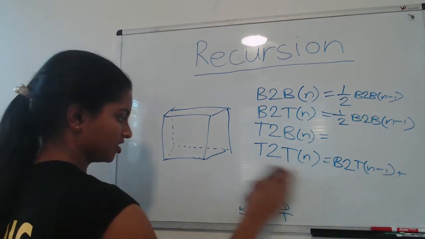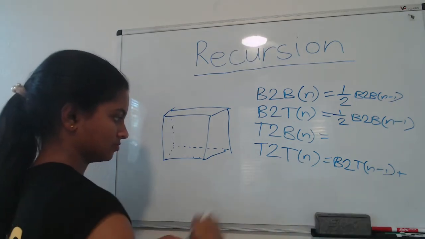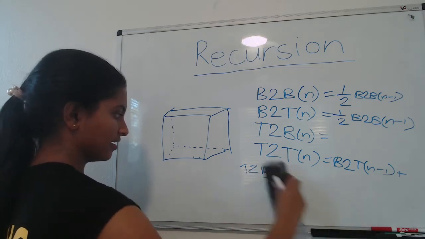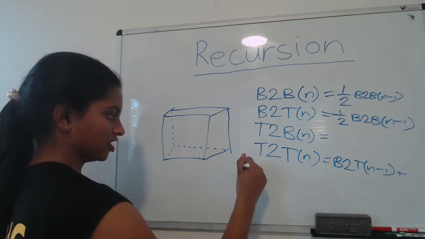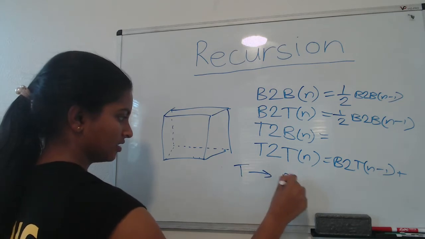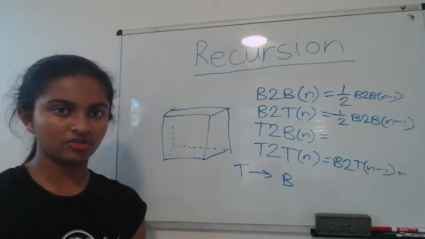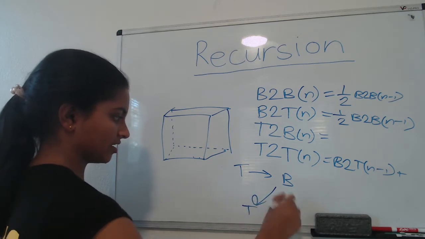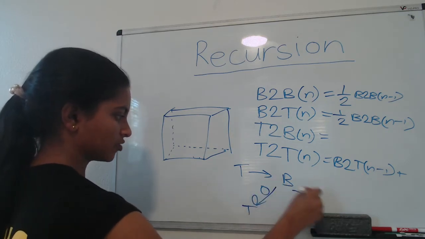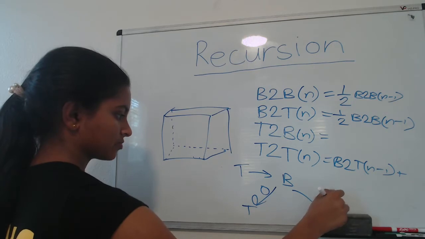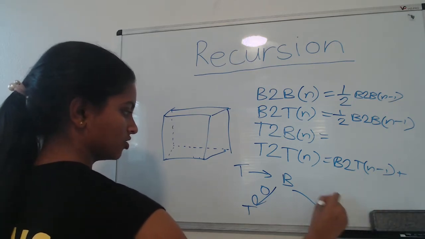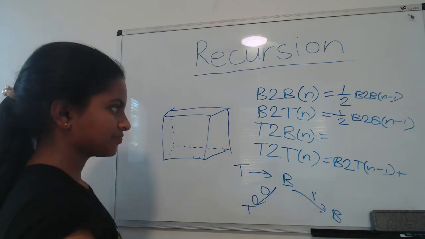Now let's think about t to b. We can see that the situation for t to b is actually pretty similar to the situation from b to t. Going t to b to t is impossible, so that happens with probability 0. It happens with probability 1 that it goes to a b to b situation.